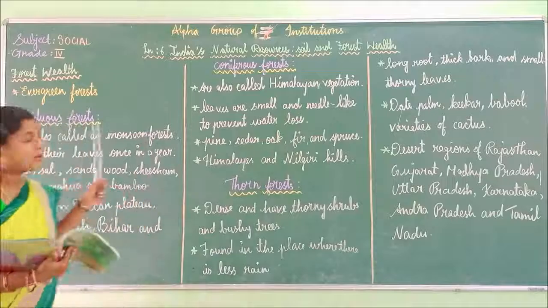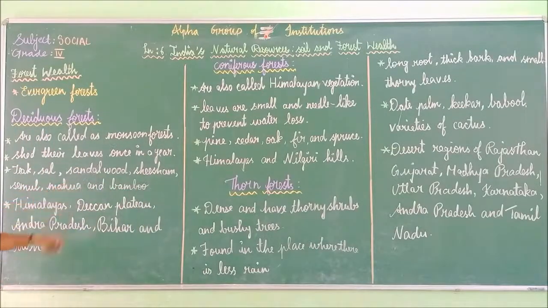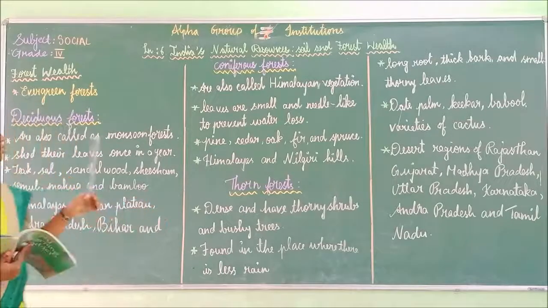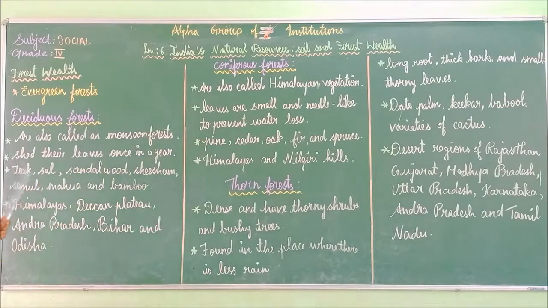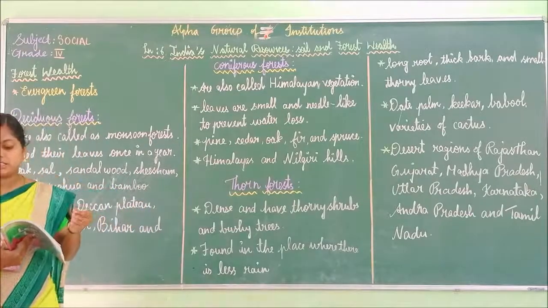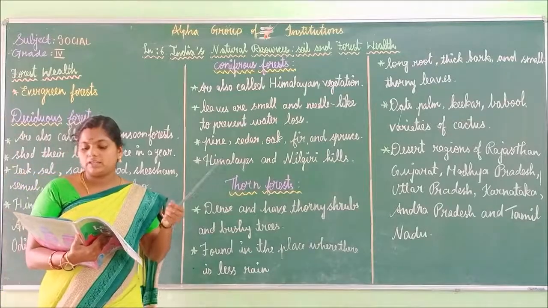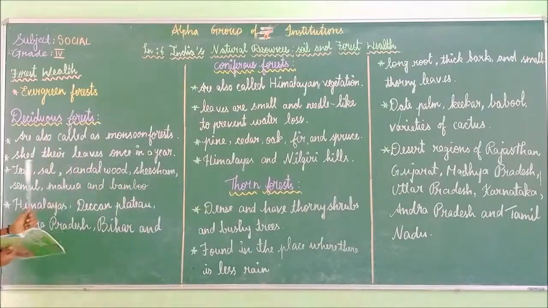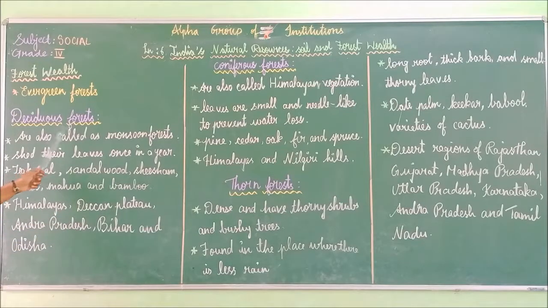They are found in areas where there is moderate rainfall, and they shed their leaves only once a year during the dry season. For examples, teak, sal, sandalwood, mahua and bamboo.